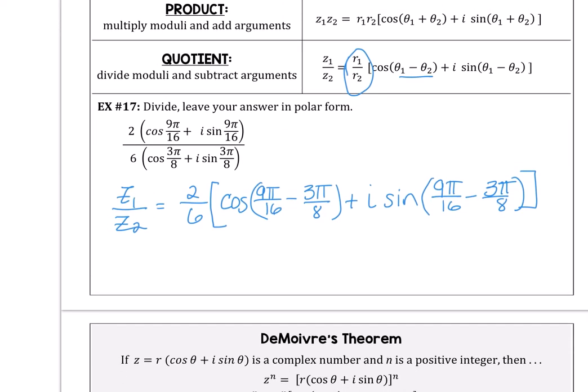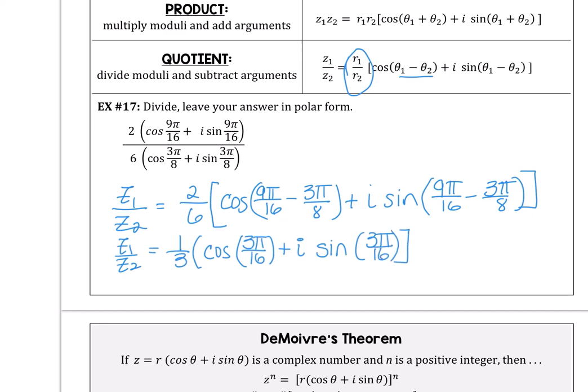So Z1 divided by Z2 is 1/3 cosine 3 pi over 16 plus i sine 3 pi over 16. And they wanted polar form, and there we have polar form.